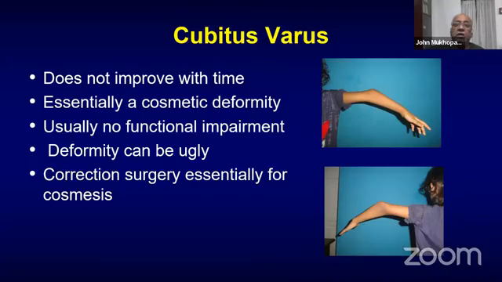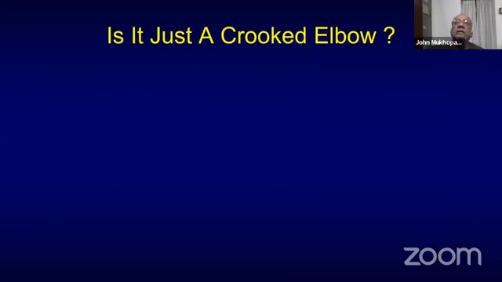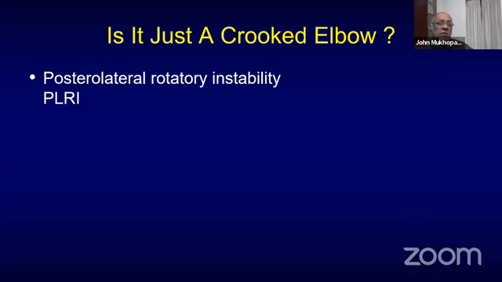However, if you look at long-term sequelae, the varus deformity is not just a crooked elbow. It doesn't mean every cubitus varus is going to have problems, but in long-term studies, especially the most severe deformities do have problems. Sean O'Driscoll has talked about the posterolateral rotatory instability which some of these elbows develop. Tardy ulnar nerve palsy, again, is not common.